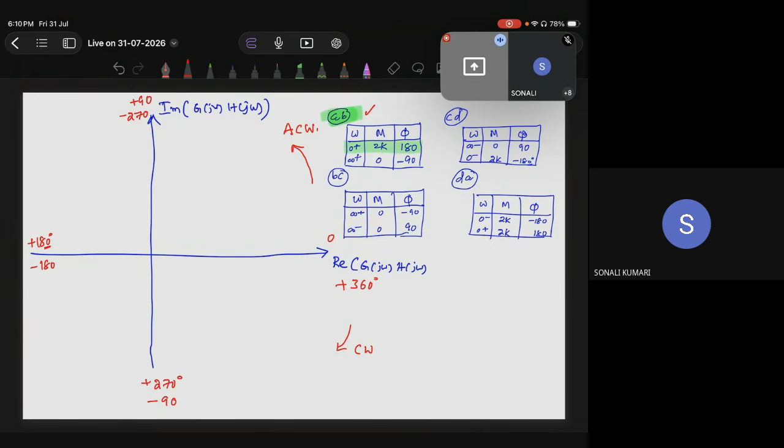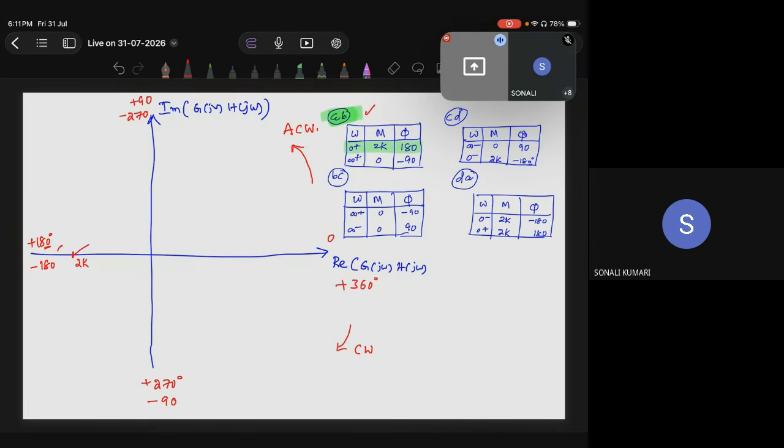So 2K is positive. 2K is the magnitude. It does not matter whether it is positive or negative. So I'll say this is 2K. So the wave starts at 180 degrees. It means that it starts like this. Is this clear?